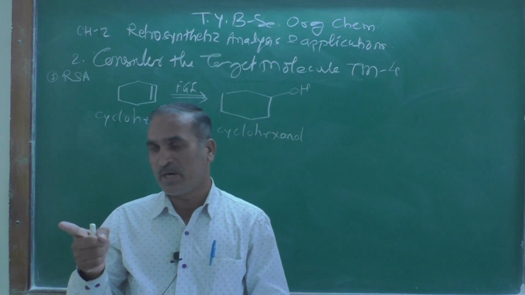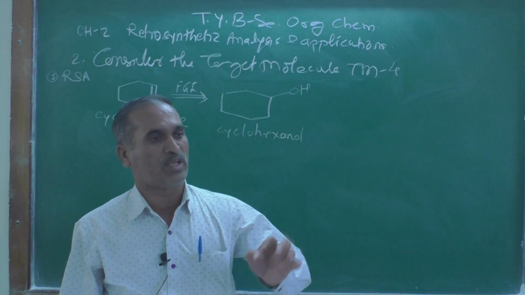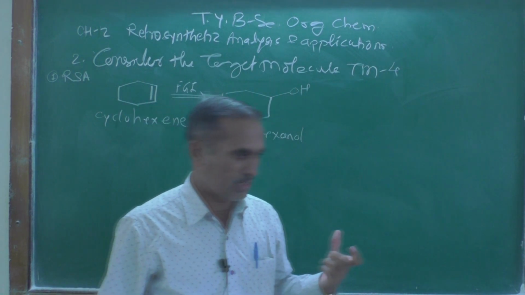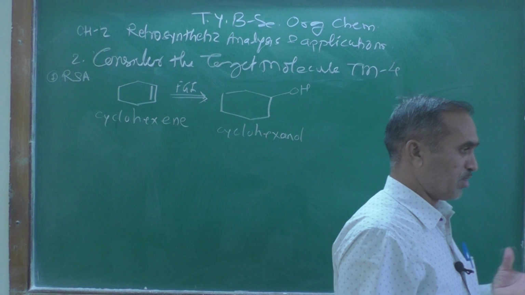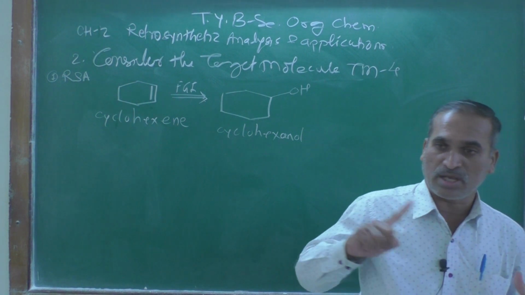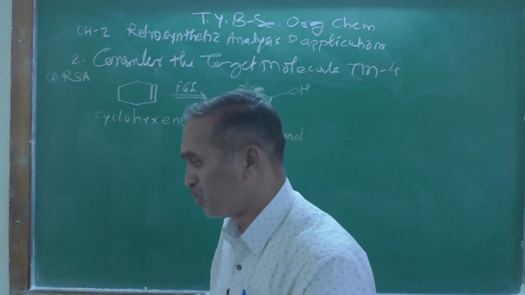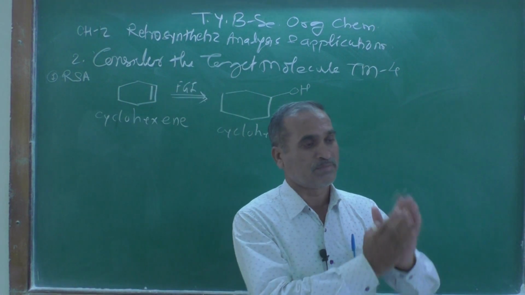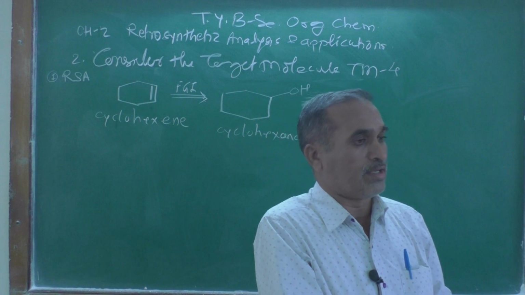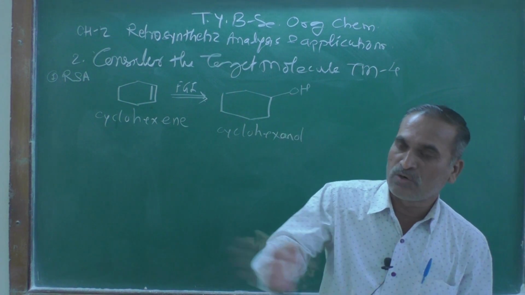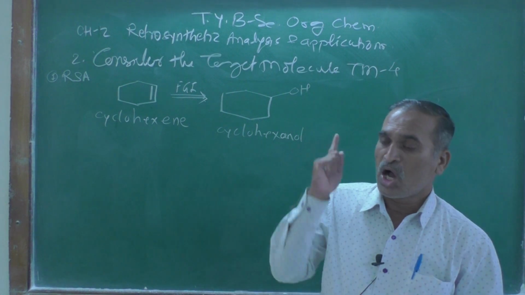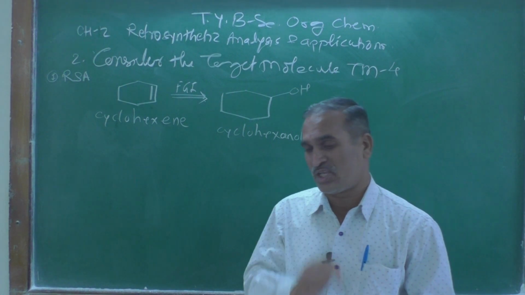Only primary alcohol is obtained with formaldehyde and the epoxide, that ethylene epoxide, if you remember, or that type of compound gives you the primary alcohol, and other aldehydes, acetaldehyde onward, whether benzaldehyde, propanaldehyde, butanaldehyde, all give the secondary alcohol.